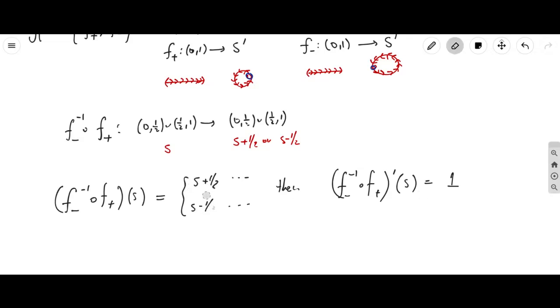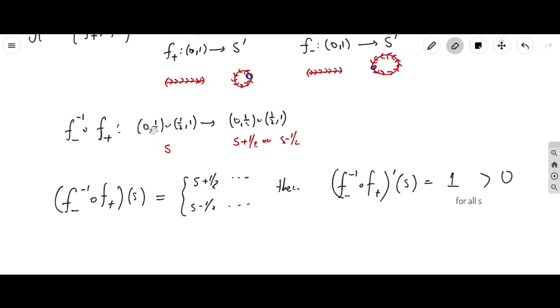Because the derivative of both of these works out to be 1 regardless of which case you're in, which is a positive number for all s. Okay? And by the way, it just illustrates the situation that we were saying, that this change of basis mapping might be defined on an open subset which is not path connected.